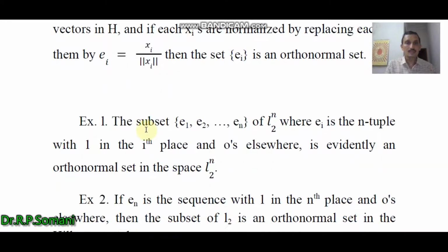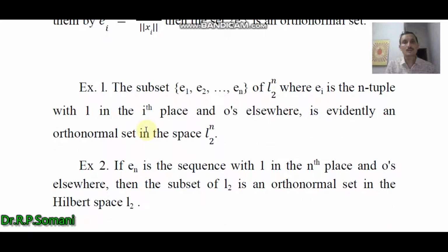Now we see the examples of orthonormal sets. The first example is the subset {e1, e2, and so on, en} of l2^n, where ei is the n-tuple with 1 in the ith place and zeros elsewhere, which is evidently an orthonormal set in the space l2^n.